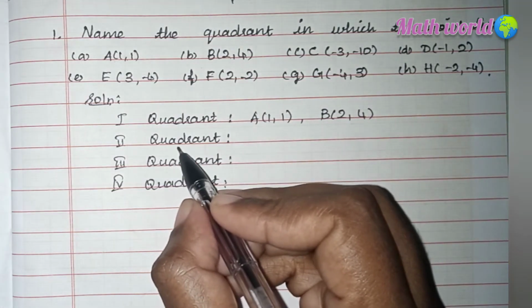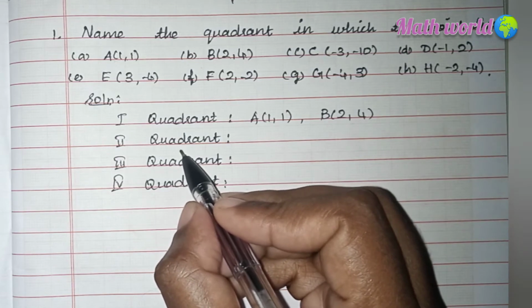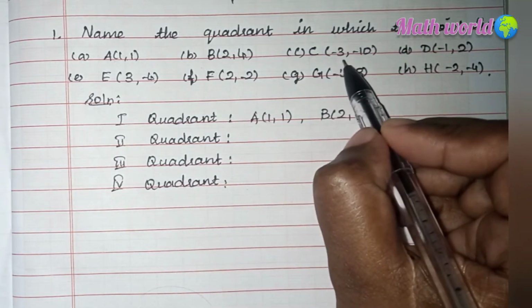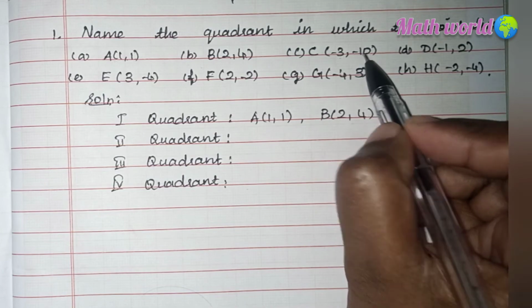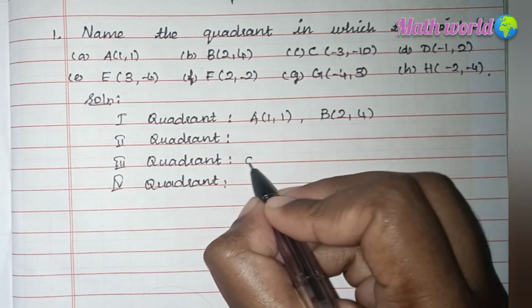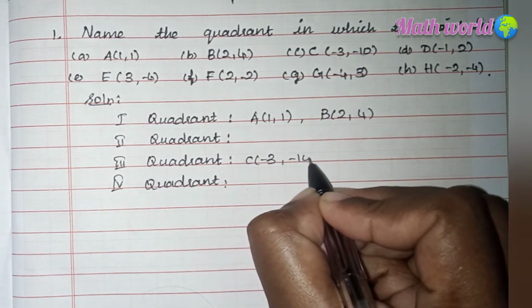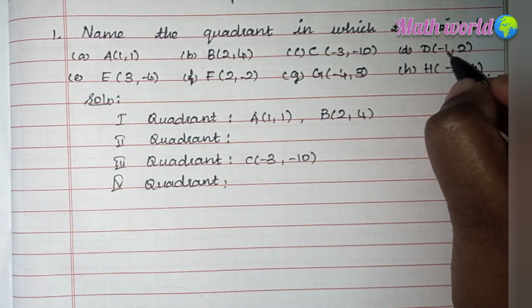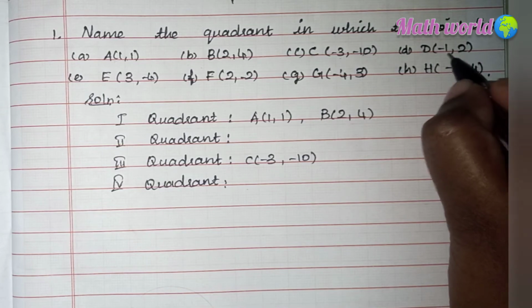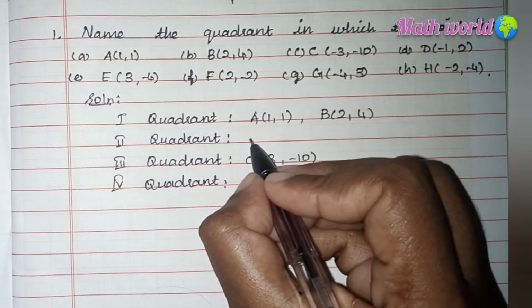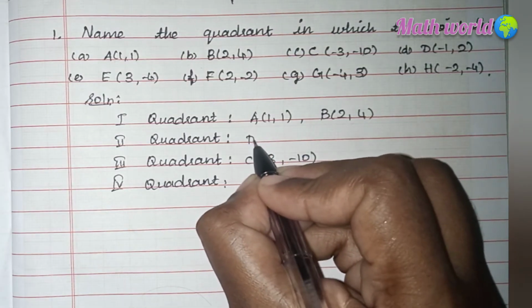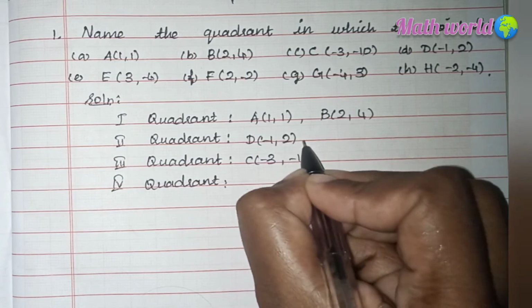Then second quadrant should be minus plus, negative and positive. Now you can see this one is both negative, so it is the third quadrant: C of minus 3 comma minus 10. Then D of minus 1 comma 2 is negative and positive, so it is the second quadrant.